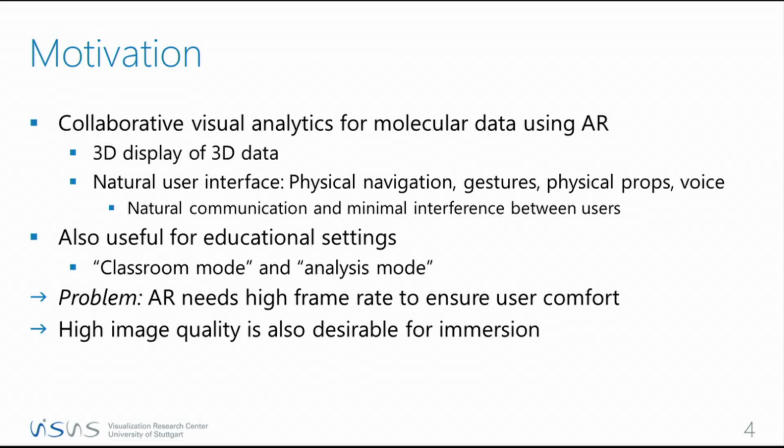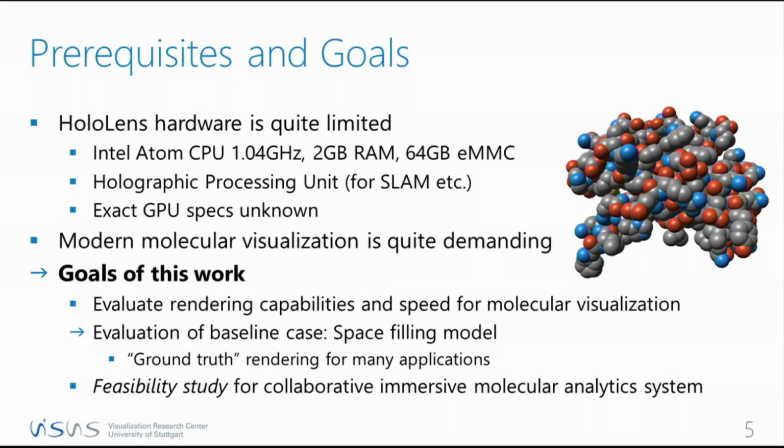So you need to have high frame rates, and you want to have good-looking graphics. However, that's a problem because, as you might know, the capabilities of the HoloLens hardware are quite limited. You have a 1 gigahertz Intel Atom CPU. The SLAM is handled by a specific holographic processing unit, but the GPU specs are widely unknown. But it's an Atom-grade GPU, so nothing too good.